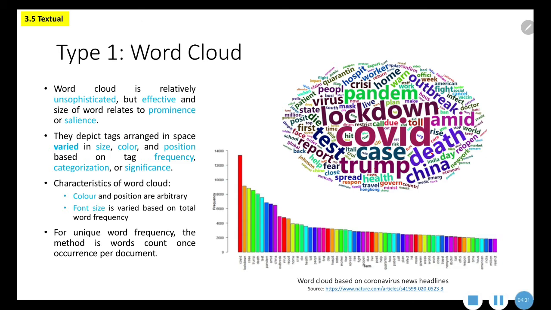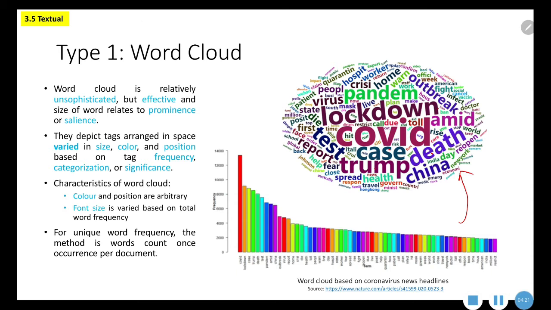So instead of representing the word frequency in a bar graph here, it is more interesting if we represent the word numbers in the form of a word cloud like this.